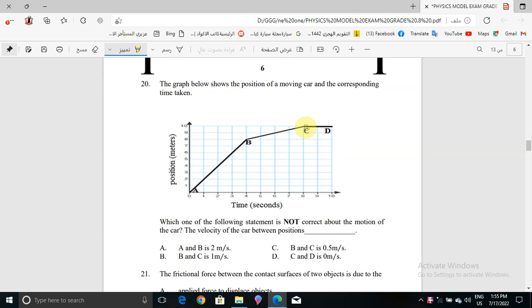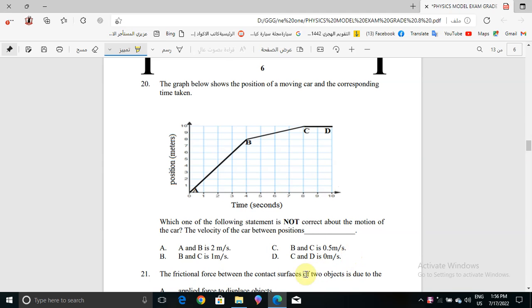What we have here, B and C, which is 7, which is 8, and we have here 8, so 8 divided by 8 will be 1, so it's correct, 1 meter per second. Then leave it. Now in choice C, B and C is 0.5 meter per second. Yes, that's correct also.